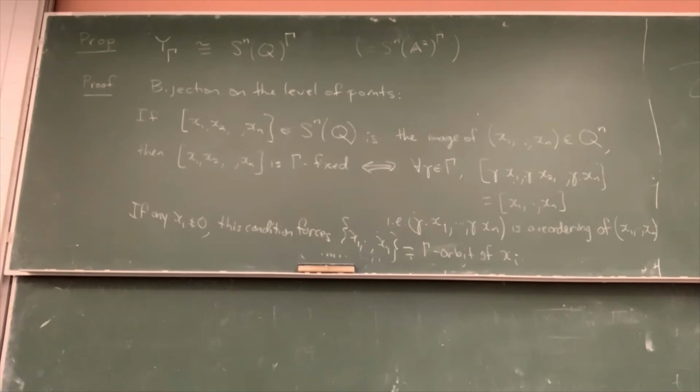So I suppose you have to choose an ordering of the elements of gamma. Then you have a closed embedding of Q inside Q to the n, where you send a point x to its translates under the elements of gamma in this particular order.